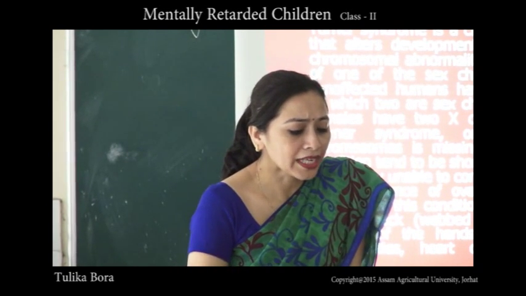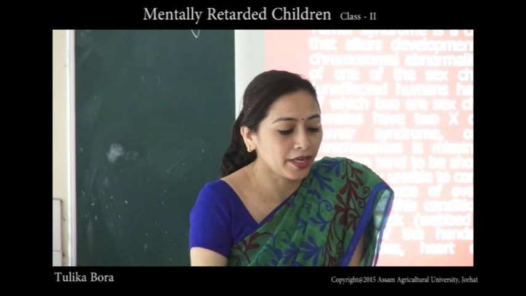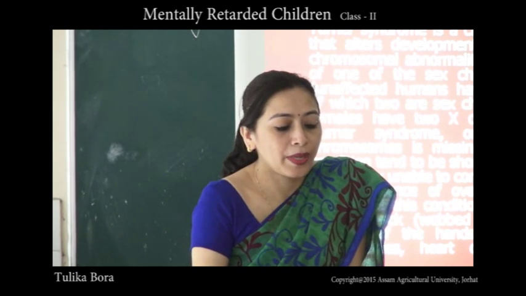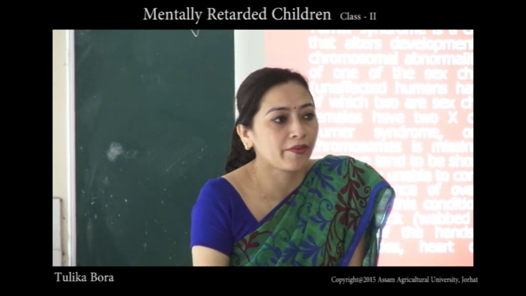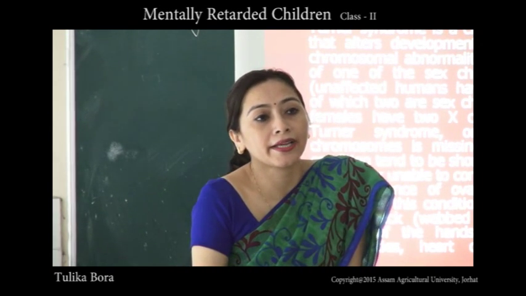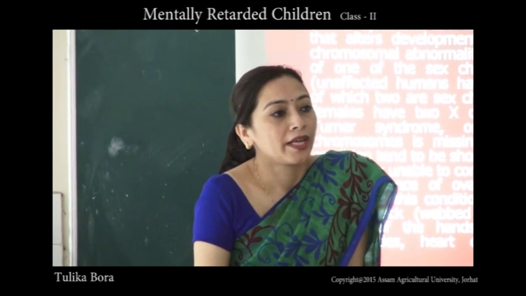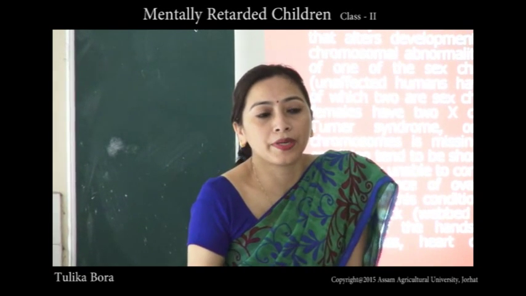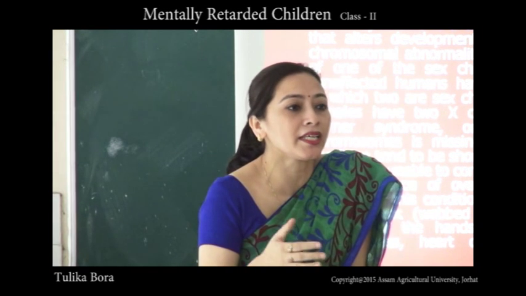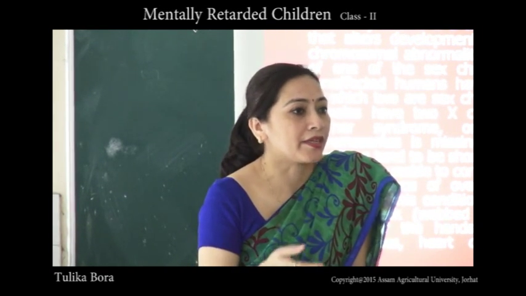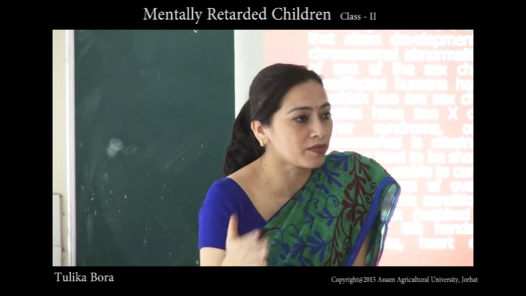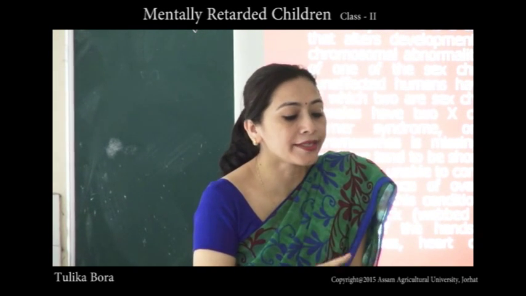Humans have 46 chromosomes, but they will have only one X chromosome, and fertility is not there in them, they cannot reproduce, isn't it? Females reproduce their offspring, but these Turner syndrome, monosomy X, they can't.